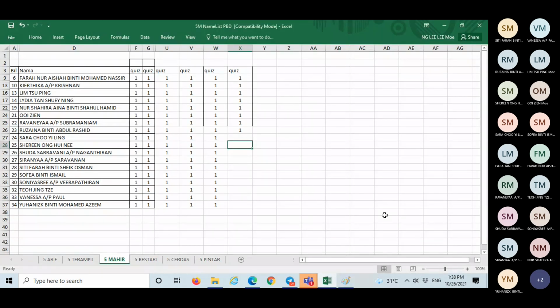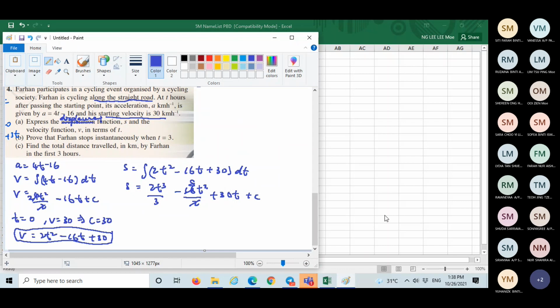Wait, this is Sarah. Shuda, can you please tell me what condition for the t and the s, for me to get the c?